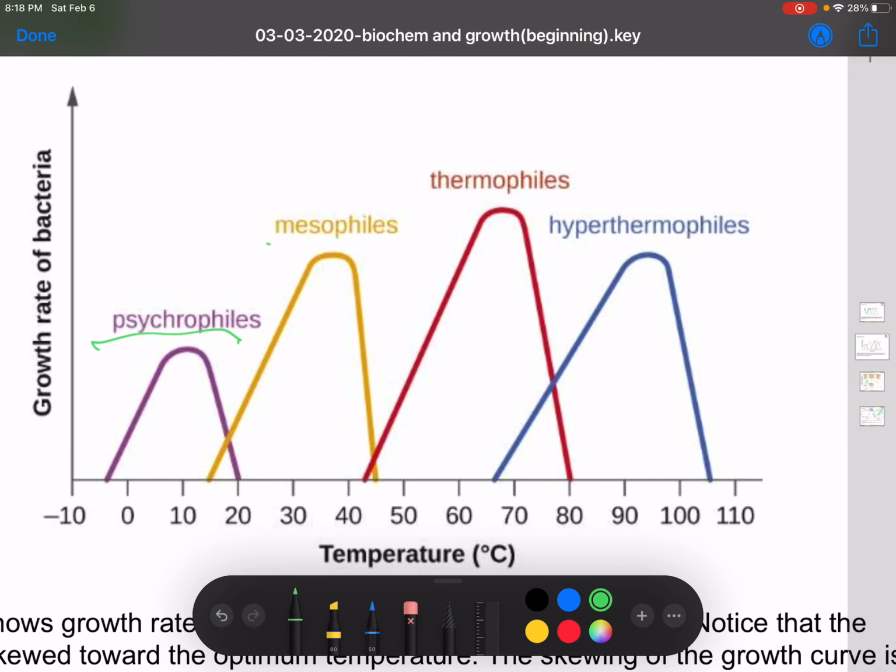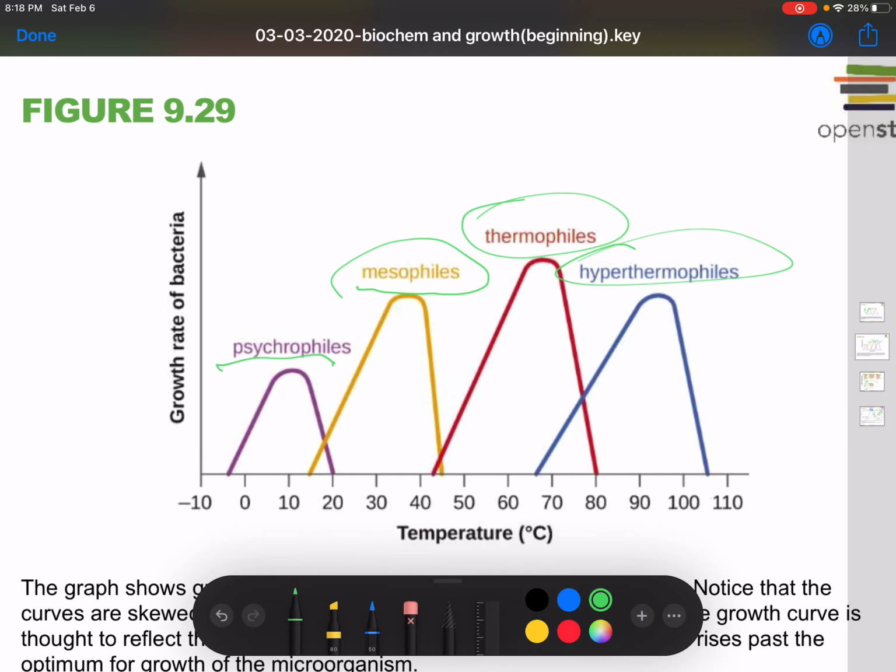Some bacteria do best in hot springs or in super hot springs. So this is not to say that all bacteria will do best at a hot temperature, but certain species of bacteria will grow best at a certain temperature.